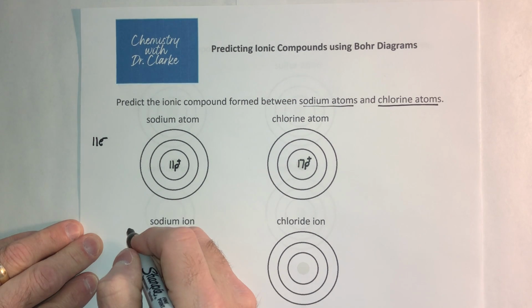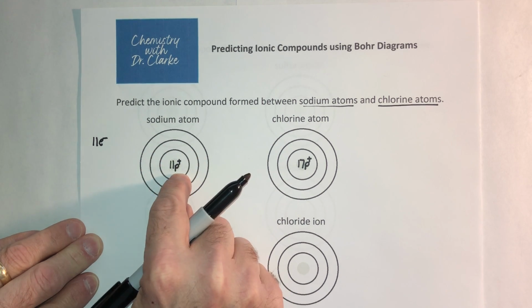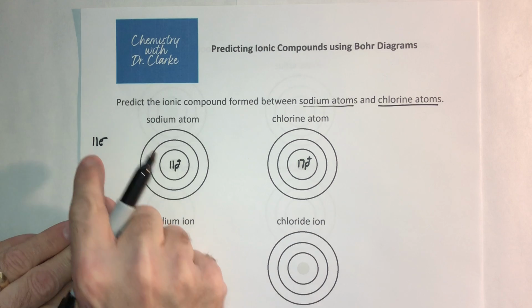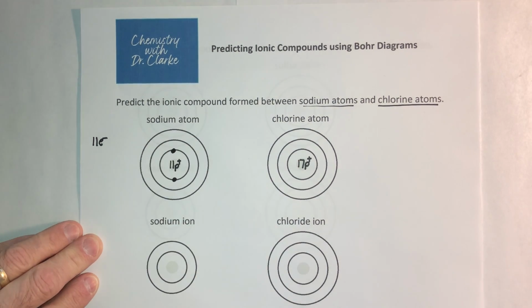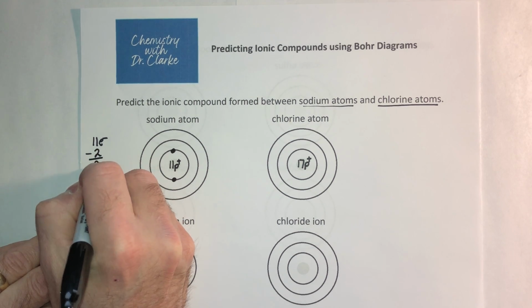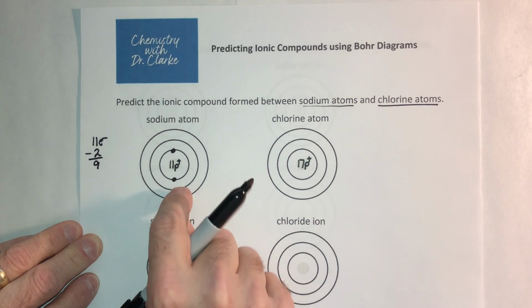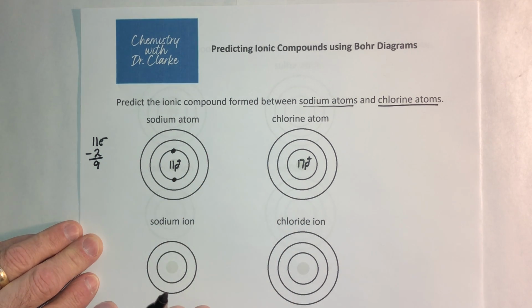Now, the video on Bohr diagrams does talk about how the first orbital, the first ring, can hold 2 electrons. So out of my 11, the first 2 live here. You had 11, you've just used up 2, so you're down to 9. The second ring, or second orbital, can hold 8 electrons.